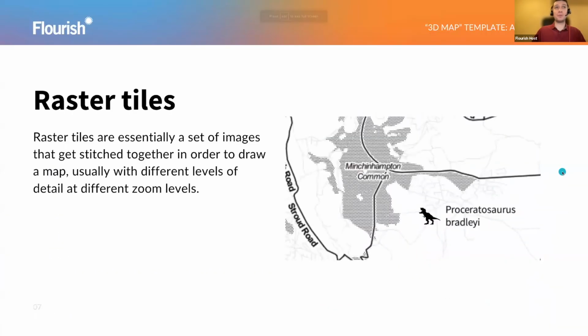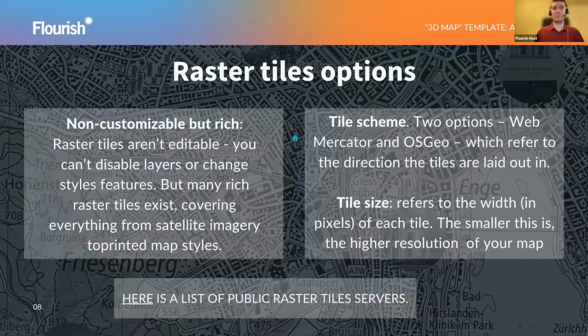let's quickly guide you through raster tiles, which is essentially a set of images that are stitched together in order to be able to draw them up, usually with different levels of detail, different zoom levels. It's non-customizable, so you cannot turn on or off layers or change style features.